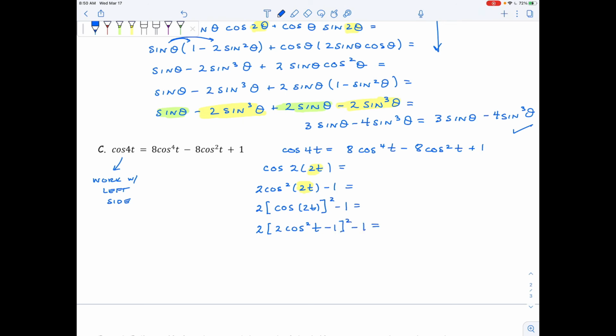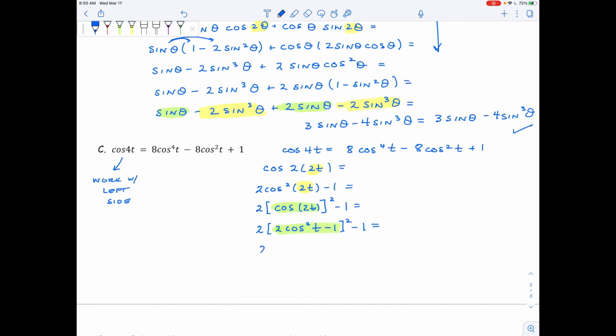Squared minus 1. So here's my identity, because I'm trying to expand it out to get these. We've got 8s, we've got cosines to the 4th, so I need to kind of break it up. And now what I can do is multiply it all out and FOIL it out.